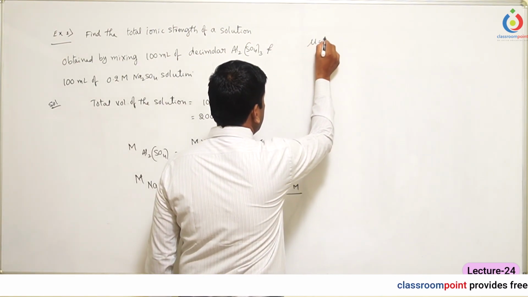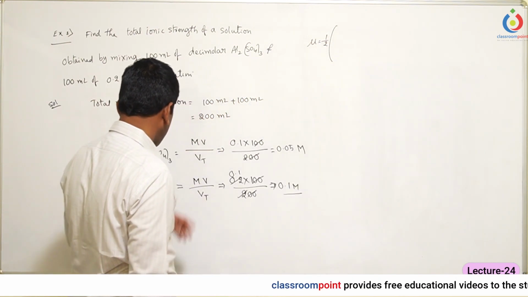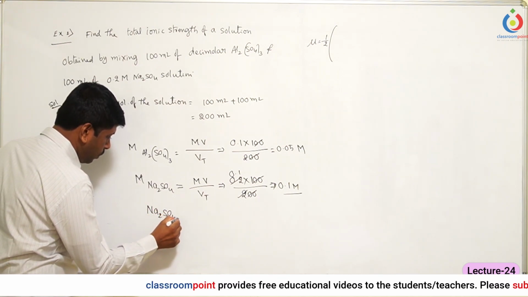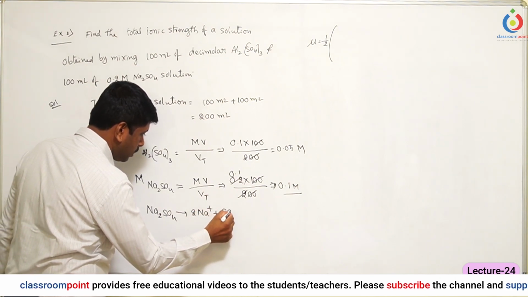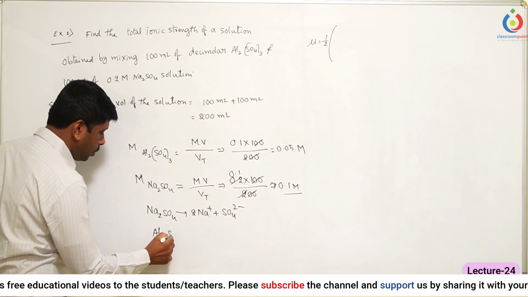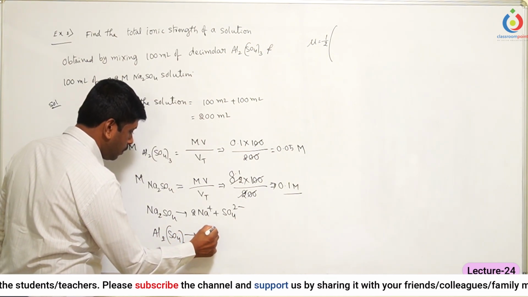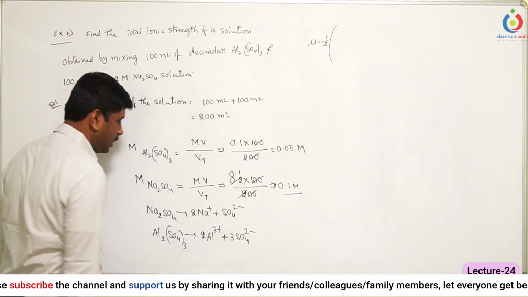So total ionic strength, half of, let us see here, Na2SO4 dissociates into 2 Na plus and SO4 2 minus ions. Al2SO4 taken thrice dissociates into 2 Al3 plus and 3 SO4 2 minus ions.